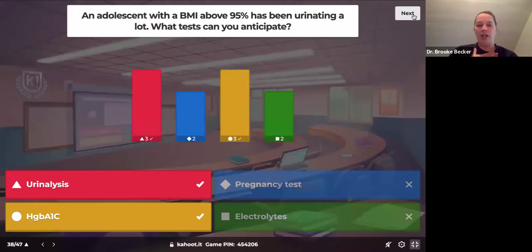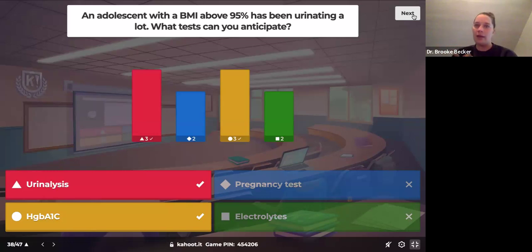Oh, excuse me, my goodness. UA and a hemoglobin A1C. You want to see what their blood sugars have been over that 3-month period, so you're going to use the hemoglobin A1C. That's going to tell you about their average over that time period.